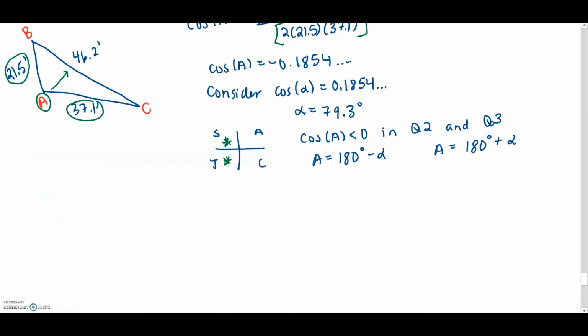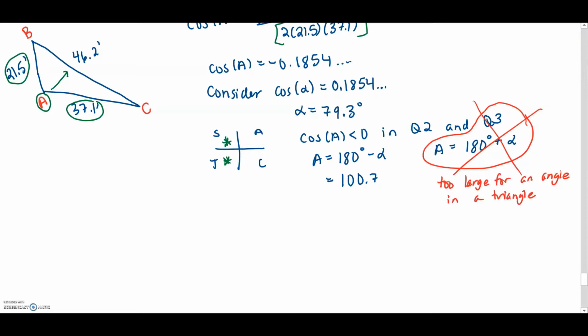In calculating the value of each of these angles, we see that we get 100.7, and within quadrant 3, it's not possible to have an angle in quadrant 3 when we're looking at the angle of a triangle. A must be an angle less than 180 degrees because it's one of the angles of a triangle. Now we only have one possible value for angle A, and it's 100.7 degrees.